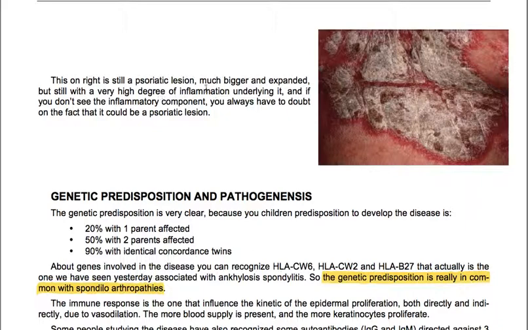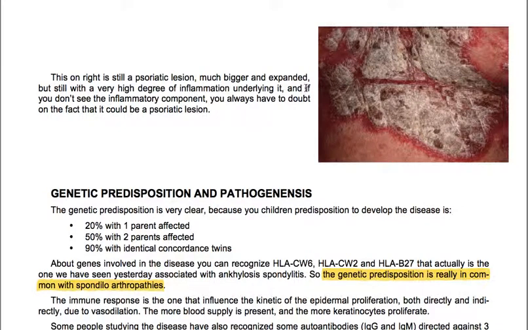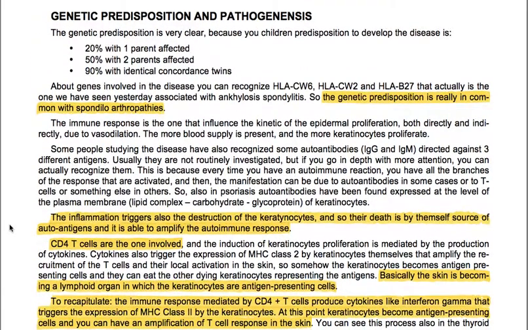High degree of inflammation you can see here. If you don't see the inflammatory component, you always have to doubt that it could be a psoriatic lesion.